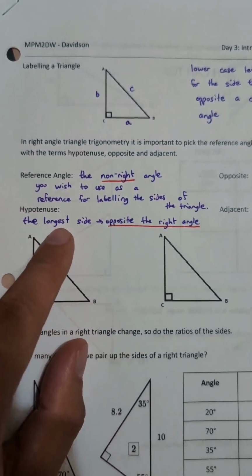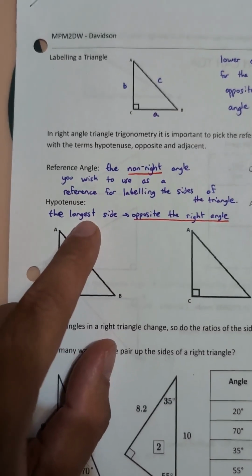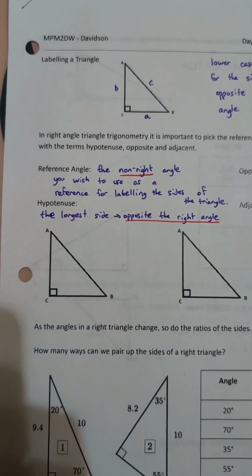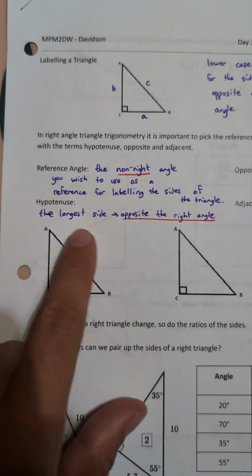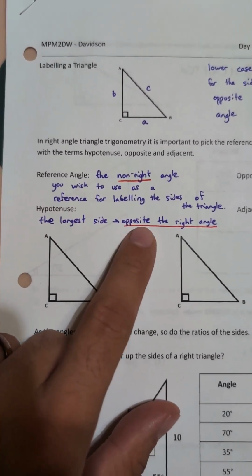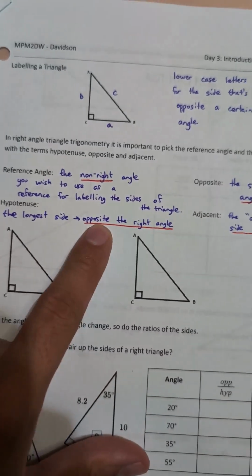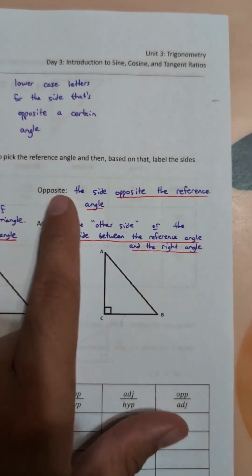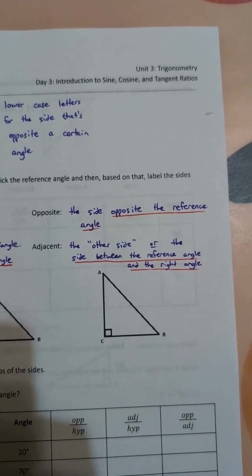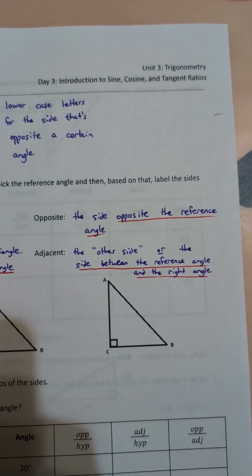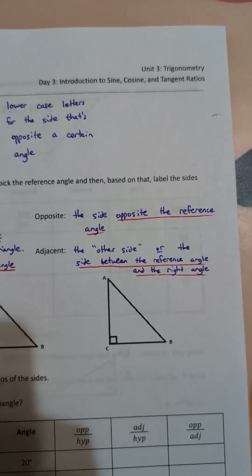So the hypotenuse, that's one that you're familiar with from talking about Pythagorean theorem, is it's always that longest side, or another way to think about it, it's always the side that's across from a right angle. The opposite and the adjacent sides are newer names when we talk about the material in grade 10.